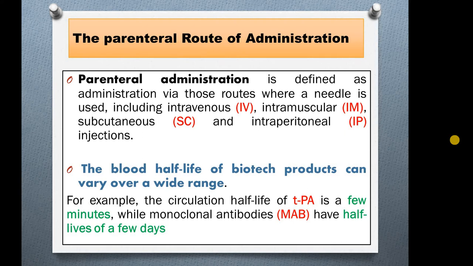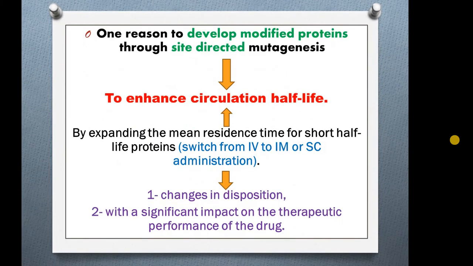So we may have, for example, a very short half-life of a few minutes, like for tissue plasminogen activator, or for recombinant or monoclonal antibodies, the half-life is a few days. This will be different because of one reason: to develop a modified protein through site-directed mutagenesis to enhance circulation half-life, so it is administered less.